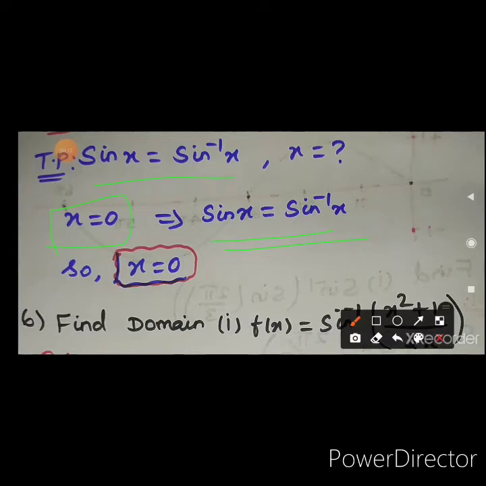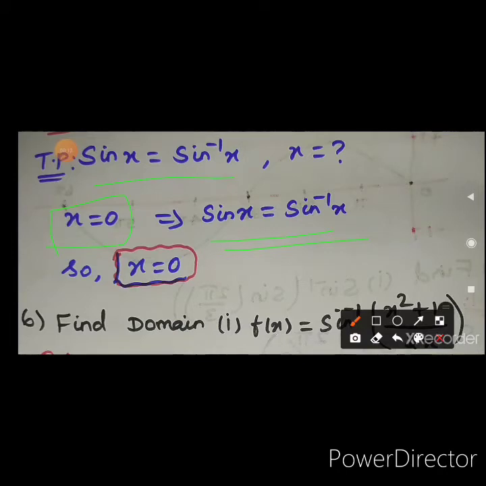Next sum, sixth sum. Find the domain of f of x equal to sin inverse of x square plus 1 by 2x. The domain of sin inverse lies between minus 1 and 1, closed interval.